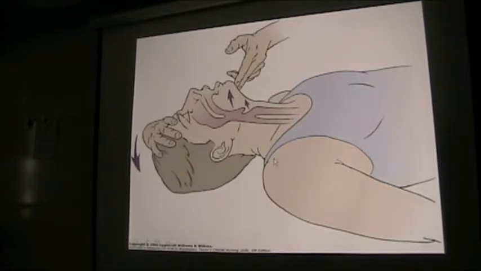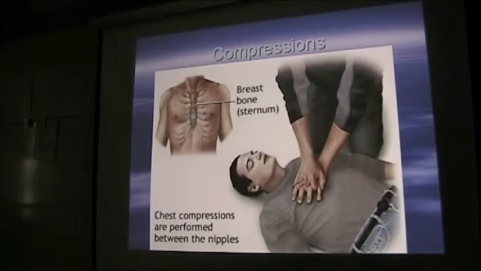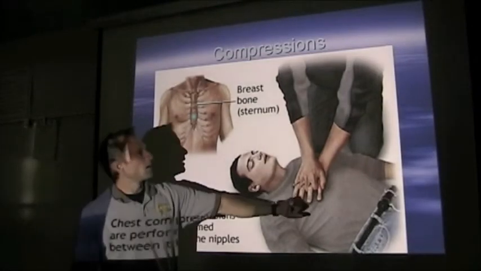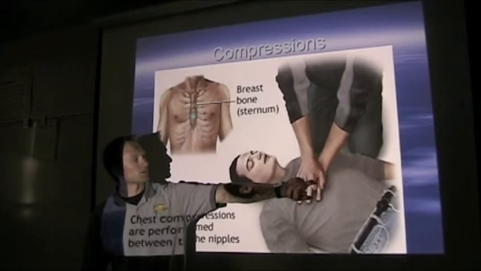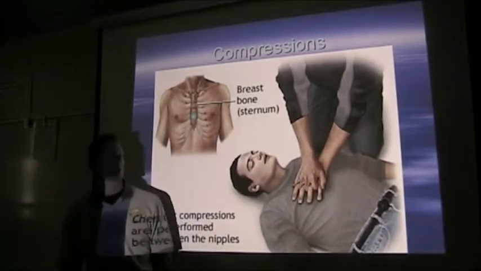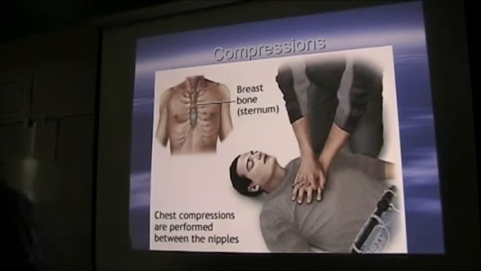You have the airway, and you can see how he's doing a head tilt chin lift. You look, listen, and feel for breathing. You can see that in that clip right there, and then the compressions. With these compressions, you can see how he's well over the patient, his arms are locked off, his hands are interlocked, and he's using the nipple line as a landmark.